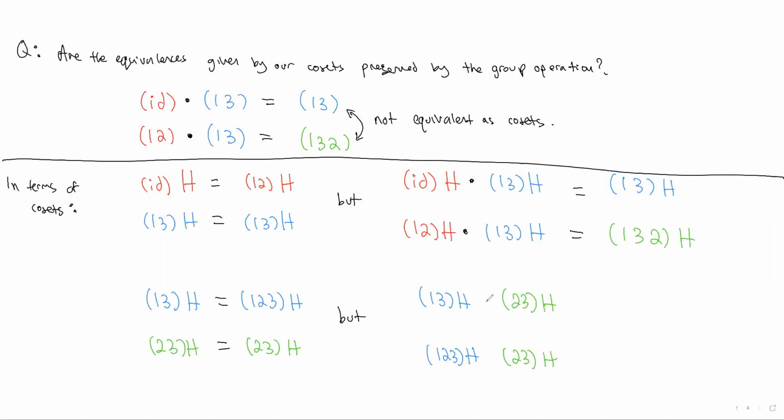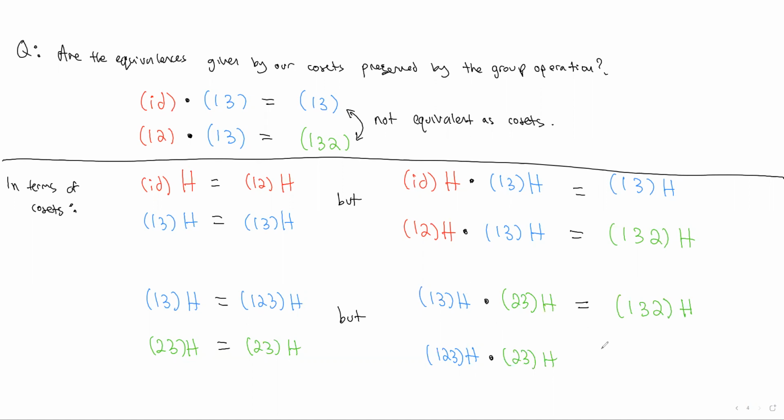So what is (1 3) times (2 3)? 1 will go to 3, 3 will go to 2, and 2 will go to 1. So it's (1 3 2). And is it (1 3 2)? 2, 1 goes to 3.